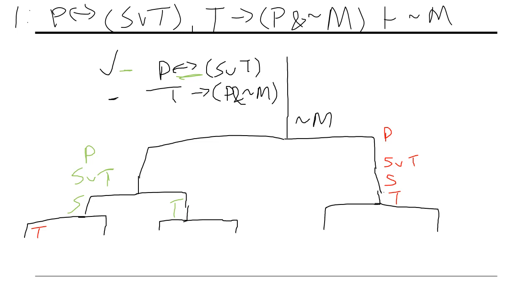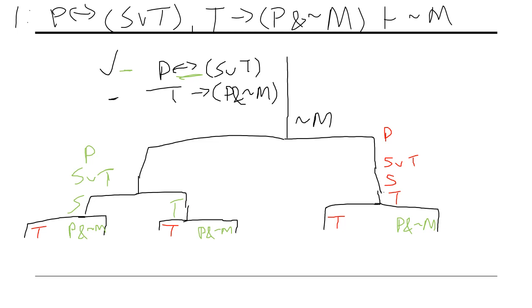And what we do is put the left side as false and the right side as true. It's P and M, P and M, P and not M.